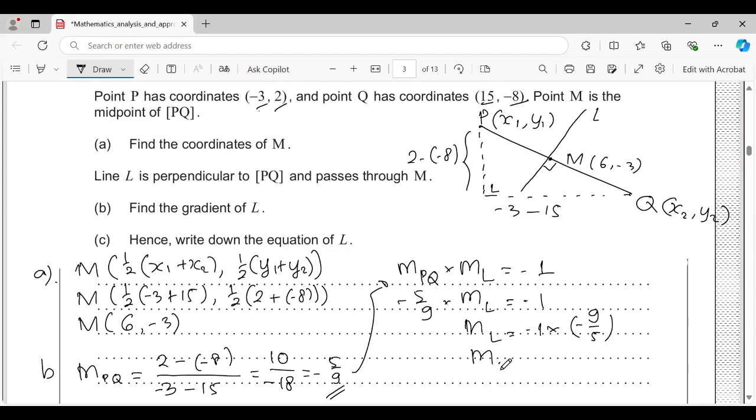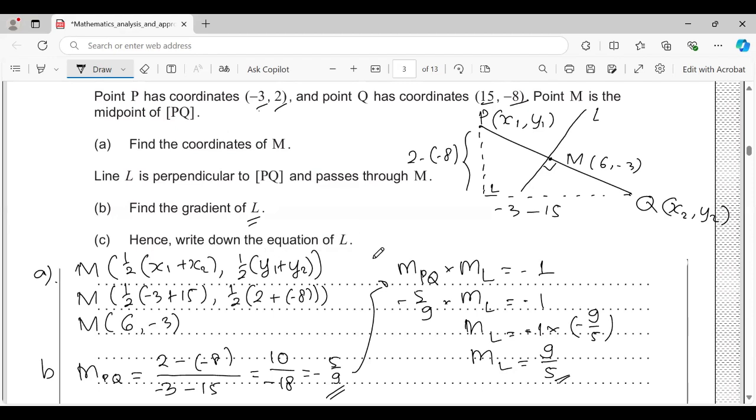So gradient of L equals -1 multiplied by -9 over 5, which is positive 9 over 5. So the gradient of L is 9 over 5.